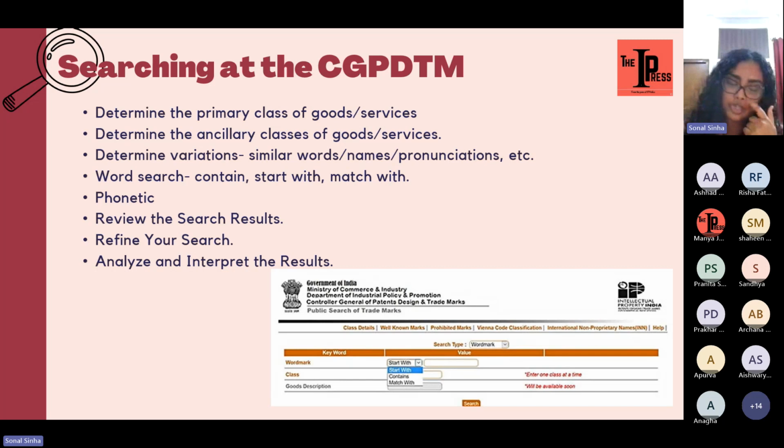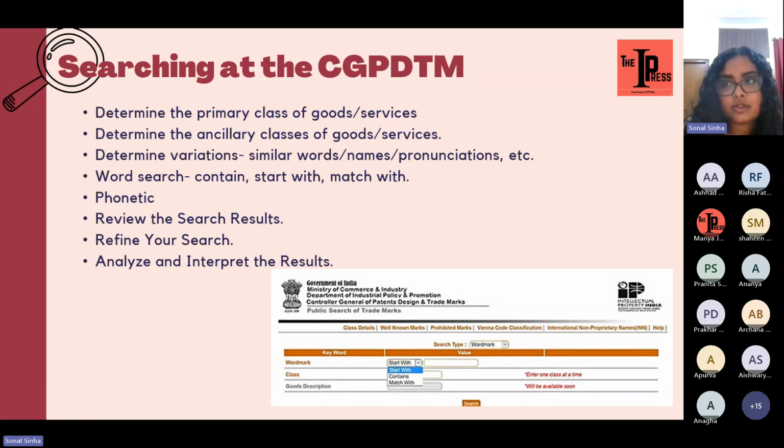I'll show you. It might seem a bit confusing, but when I teach you through examples, you'll get a better idea. All the results that you get in the contain search will also contain some aspect of the start with search, but it's always prudent to go through all of these. And then match with will show you a lot of similar marks.